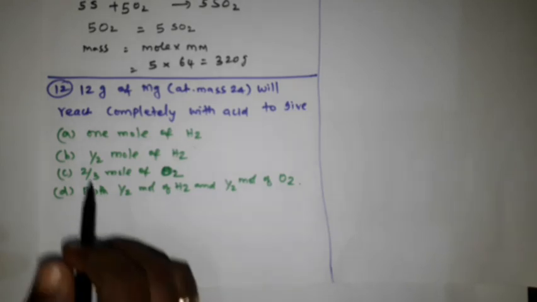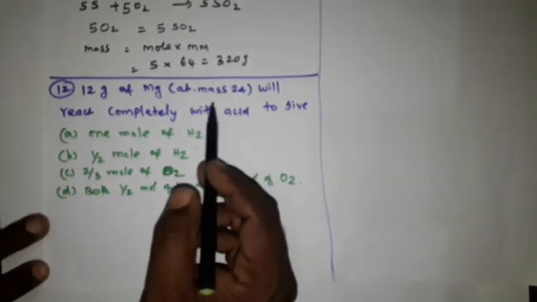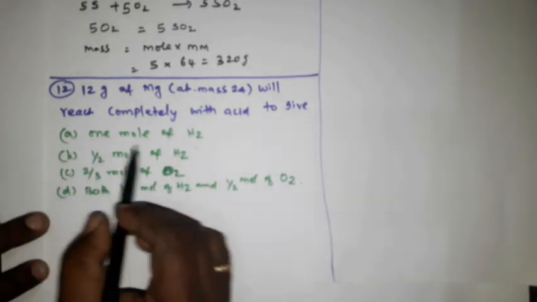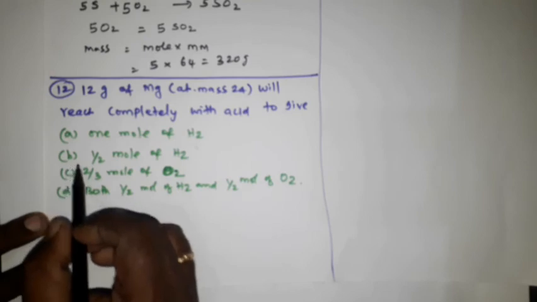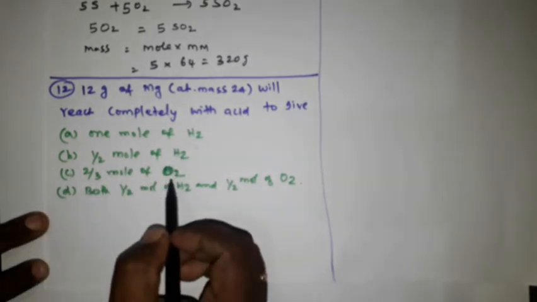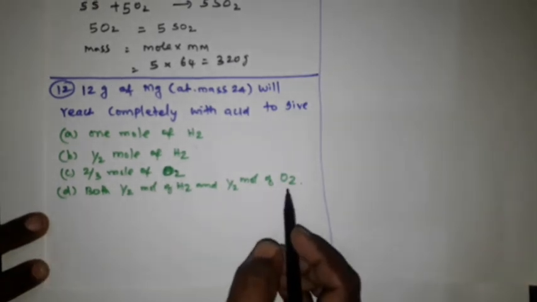So now question number 12. 12 gram of magnesium, atomic mass 24, will react completely with acid to give: option A 1 mole of H2, option B half mole of H2, option C 2/3 mole of oxygen, option D half mole of hydrogen, half mole of oxygen.